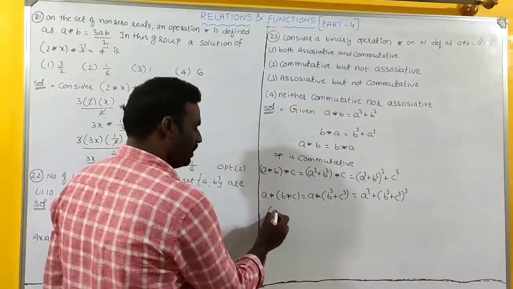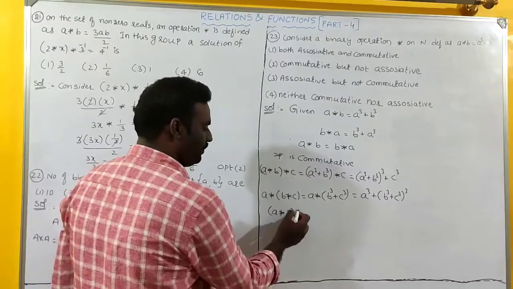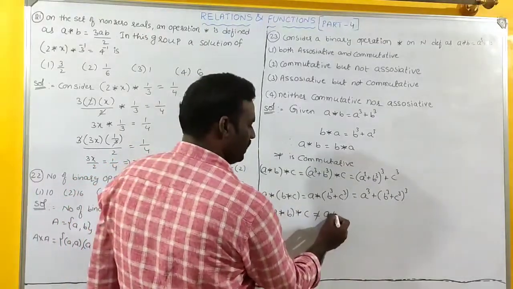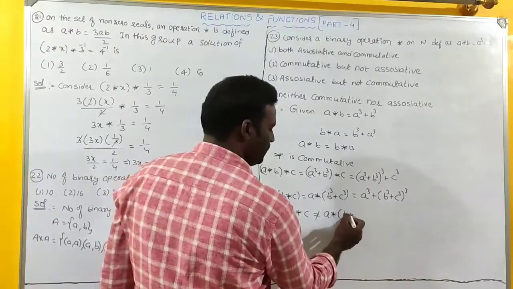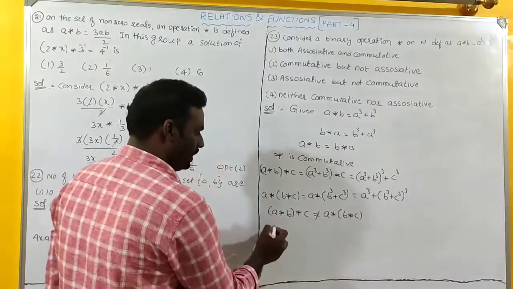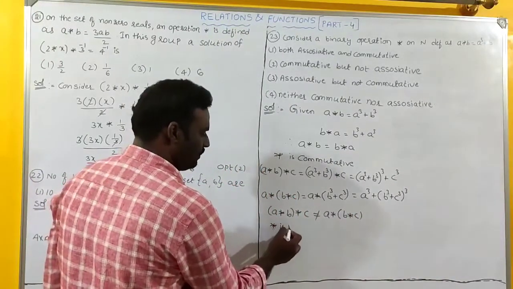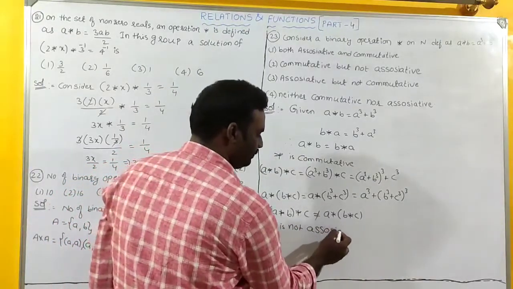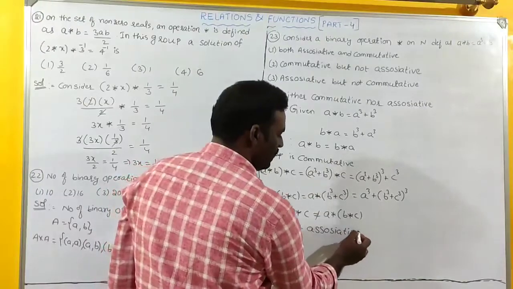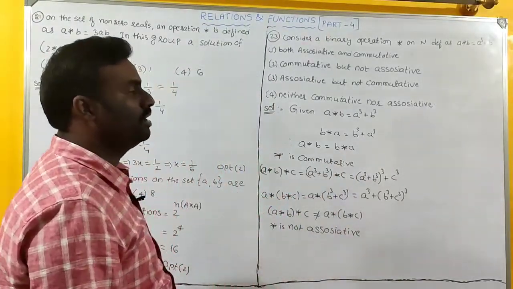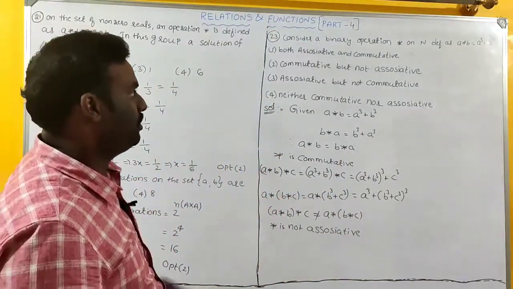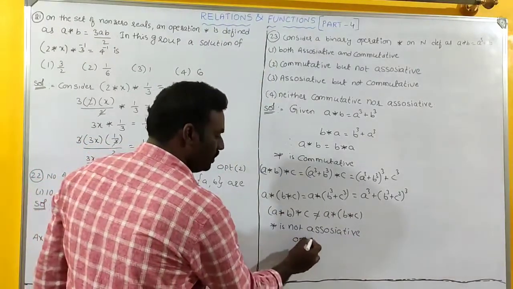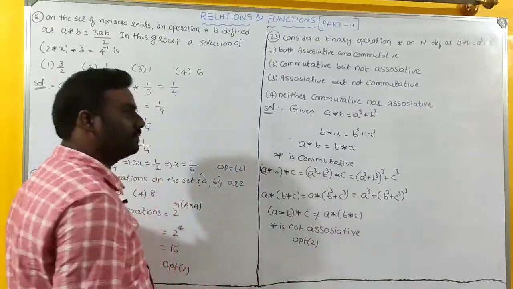Therefore, (a star b) star c is not equal to a star (b star c). Then we can write star is not associative. Means here commutative is possible, associative is not possible. That is which option? Option 2 is the correct answer.